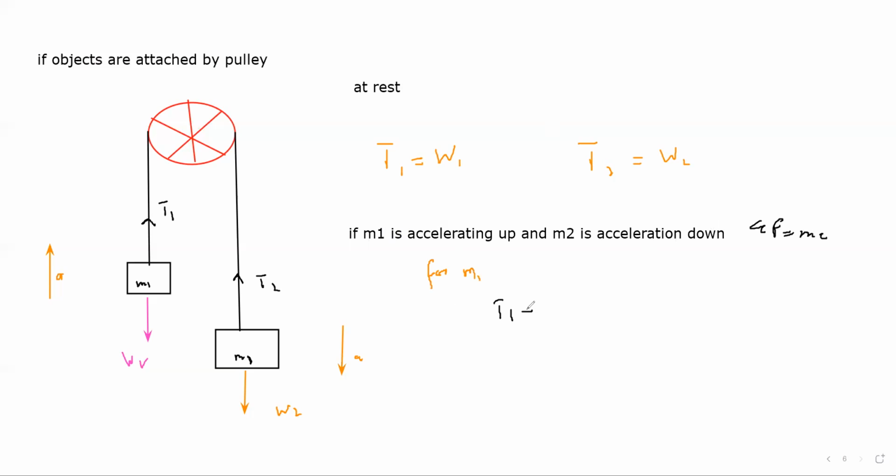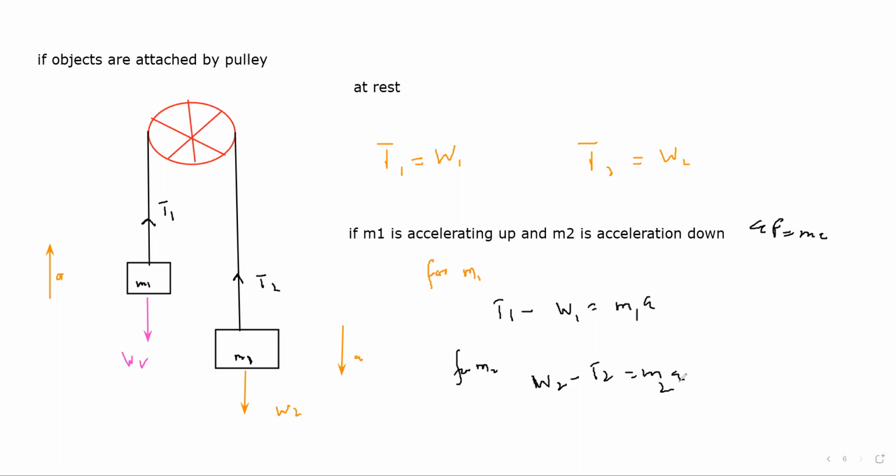So T1 should be more and W1 should be less, so T1 minus W1 is equal to ma. And for M2, W2 minus T2 is equal to ma. But this will be M1a and this will be M2a. But both will have the same acceleration. That's why I use the same symbol.